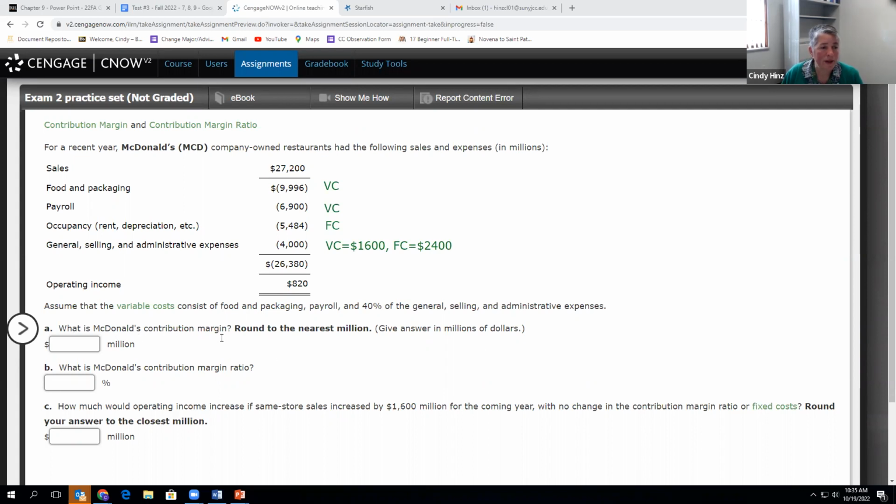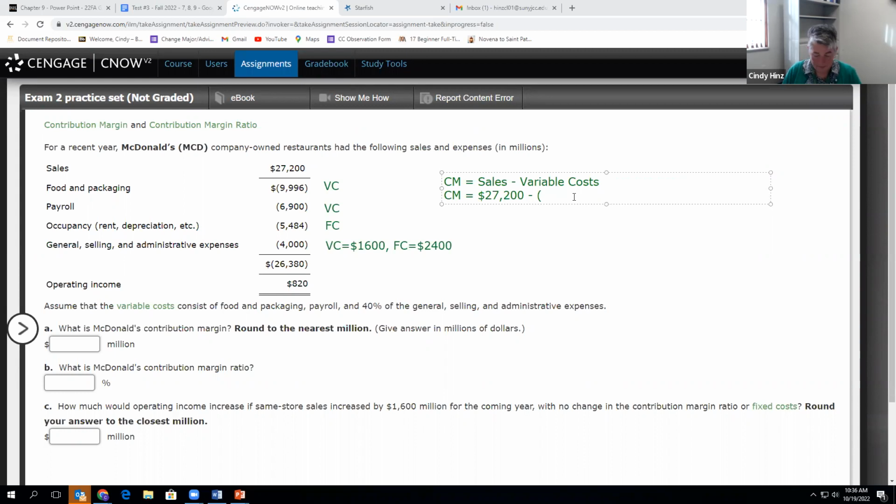So we're asked, what is McDonald's contribution margin? Our formula for contribution margin is sales minus variable costs. So our sales are given as 27,200. We need to subtract from that our variable costs.